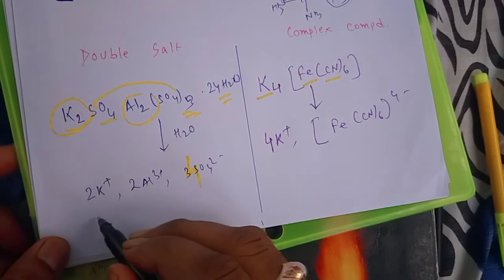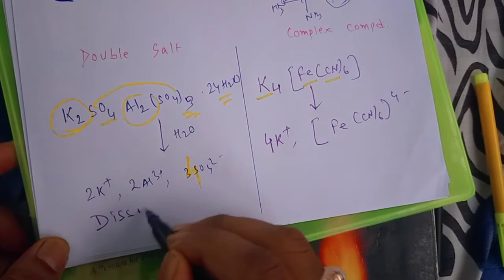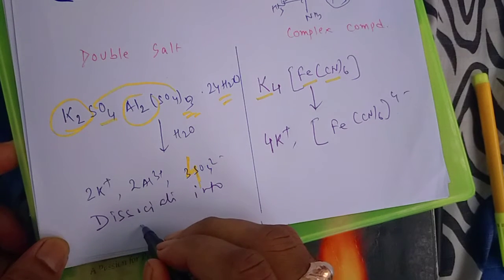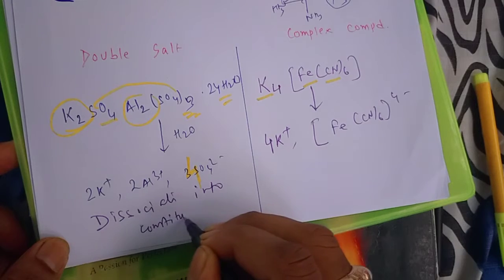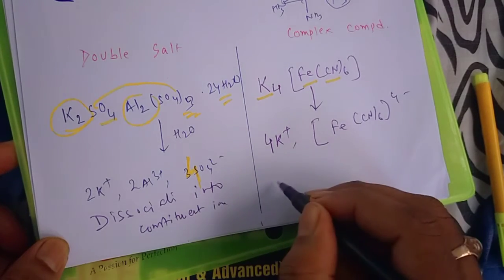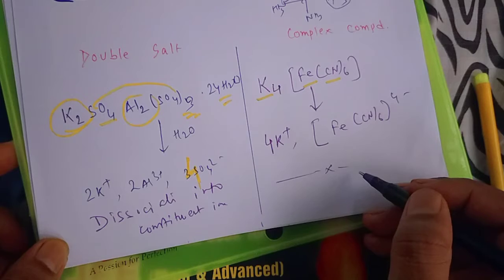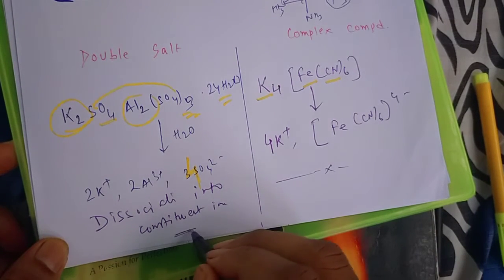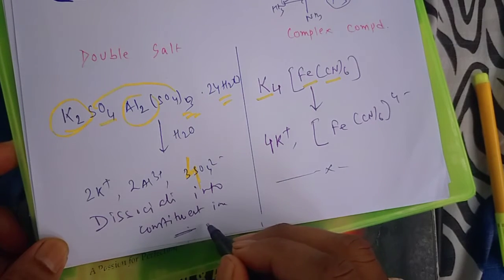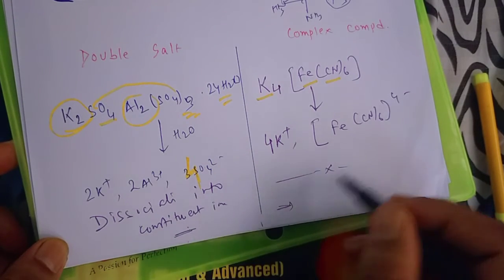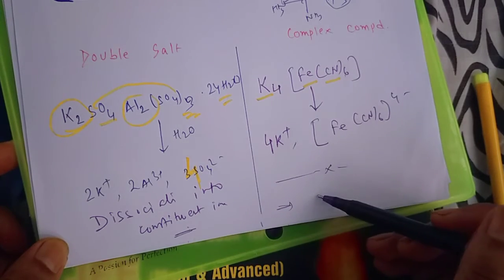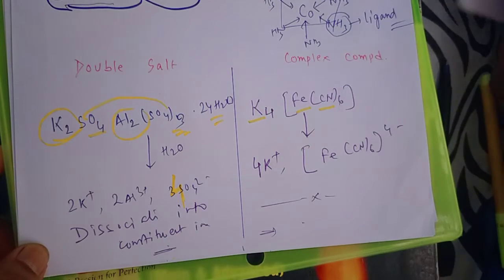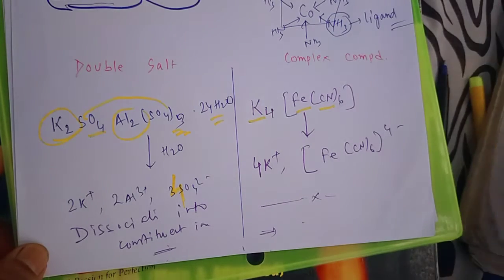So this one dissociates into constituent ions, and this one does not dissociate into constituent ions. Here the property of the compound vanishes, and here the property of the complex part remains. So these are the differences between complex salt and double salt.